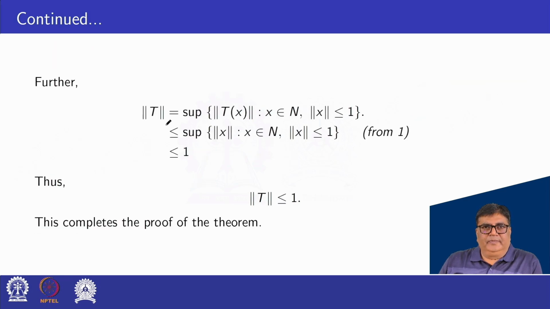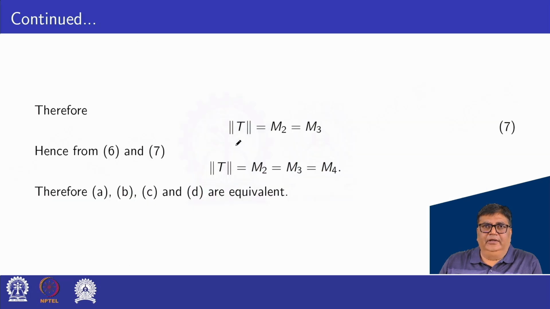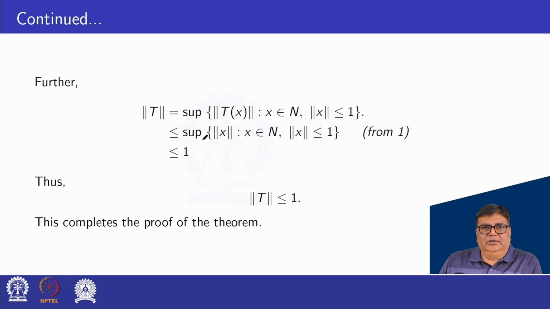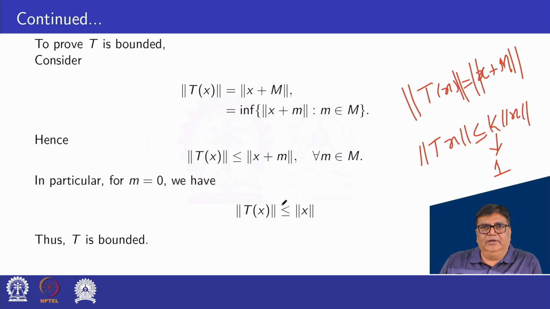Further, norm T is equal to supremum of norm Tx such that x belonging to N, norm x less or equal to 1, as per the statement of norm T from the above theorem. Okay, this one. So this is less or equal to supremum of norm x, because here norm Tx is less or equal to norm x.